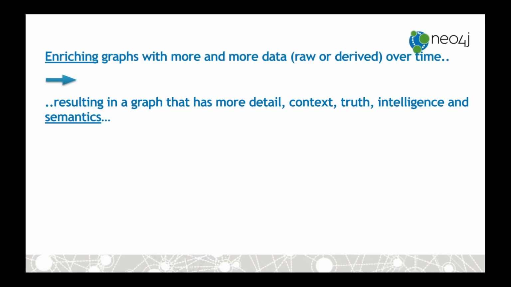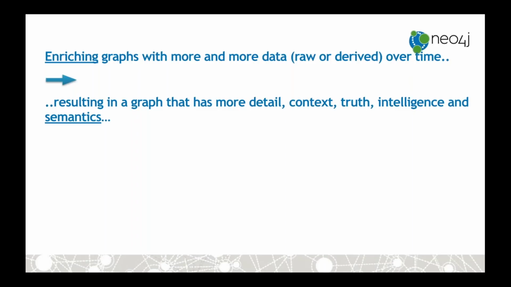By truth, I mean that the data is correct. Maybe the original graph had data that was perhaps not 100% verified to be absolutely correct at the time. But as the graph evolves over time, your data becomes more and more correct. Maybe there are processes to verify that a certain fact stated in the graph is true.